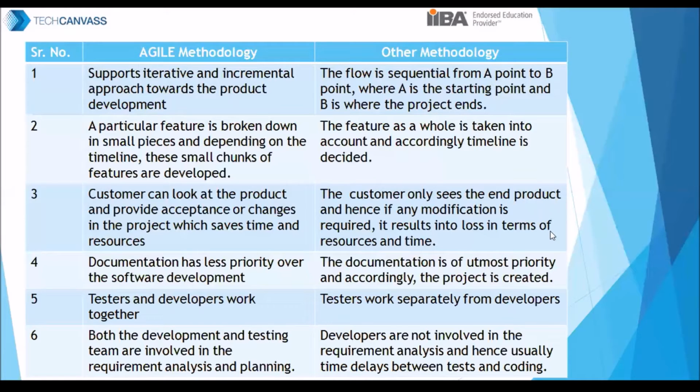Now in Agile, a particular feature is broken down in small pieces, and the small pieces would be decided based on the timeline which has already been decided. So what happens when we are grouping a particular feature in small chunks? These small chunks should make a sense.